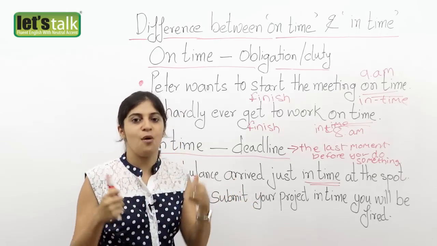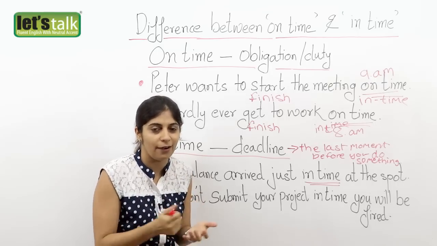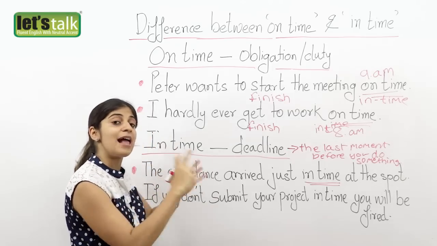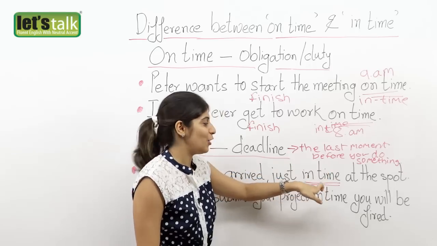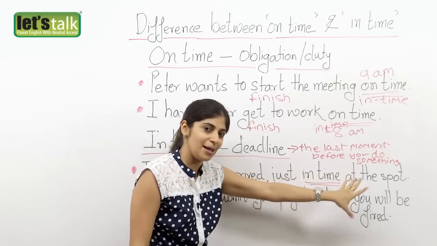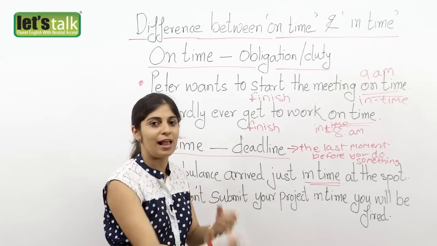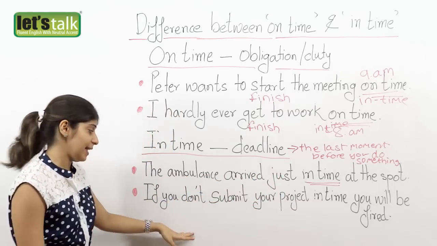Now there's no fixed time. You haven't called for the ambulance saying it has to be there at 10 o'clock, right? Basically, the ambulance just has to be there in time. So that's where you use the phrase in time. Before it was too late, the ambulance was there and there were people to help this guy who met with an accident.